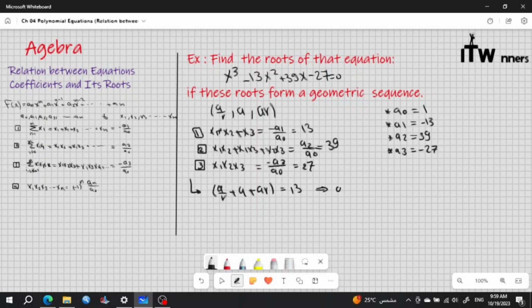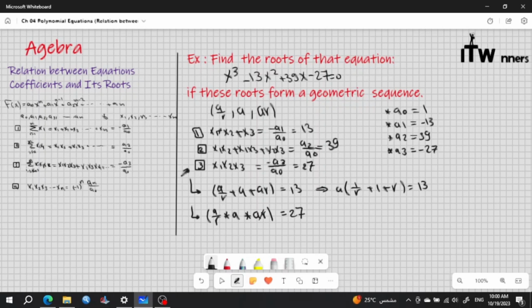So a(1/r + 1 + r) equal to 13. Because we have a geometric sequence, we just apply the last one to get rid of r.